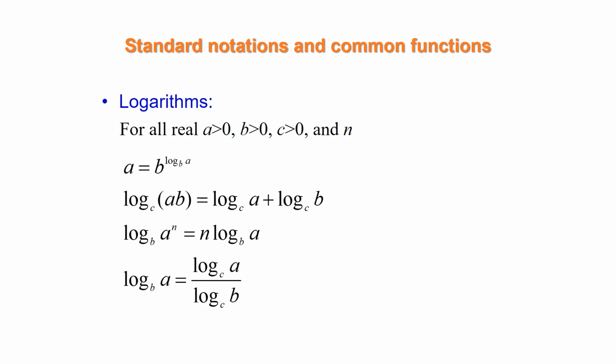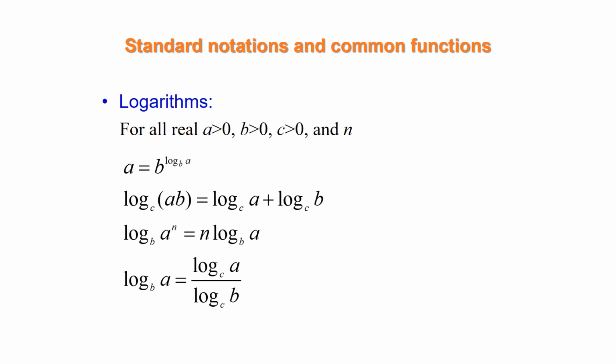For all reals a greater than 0, b, c greater than 0, and n: a equals b to the power log of a with base b. Log of ab with base c equals log a with base c plus log b with base c.